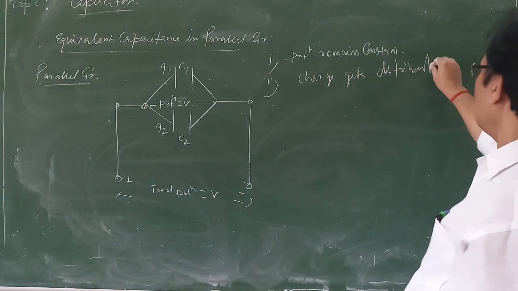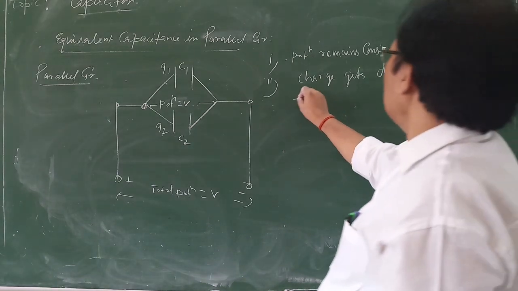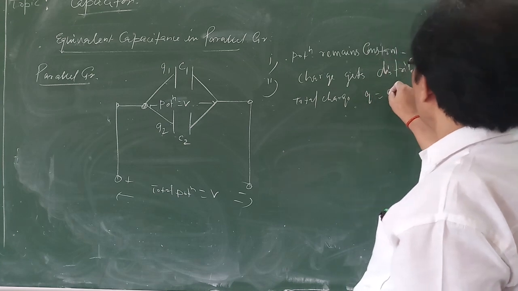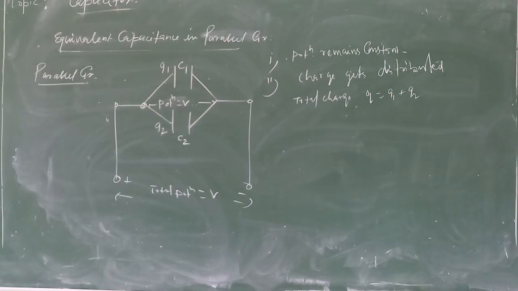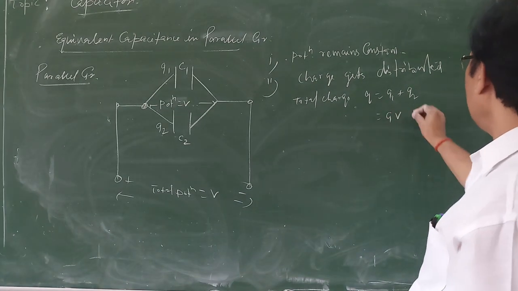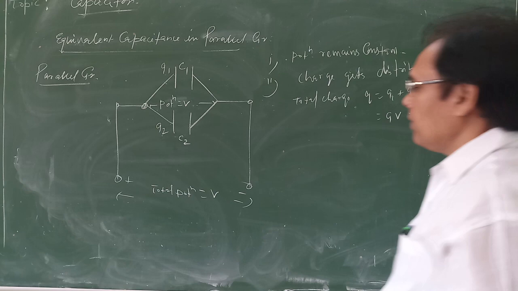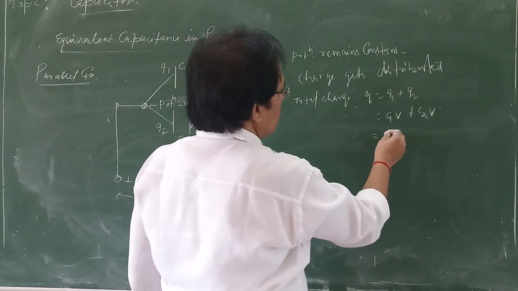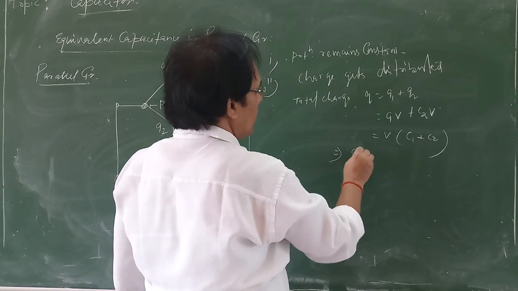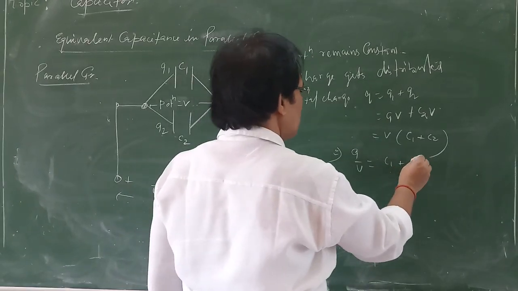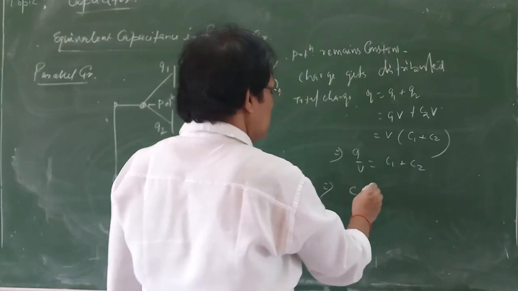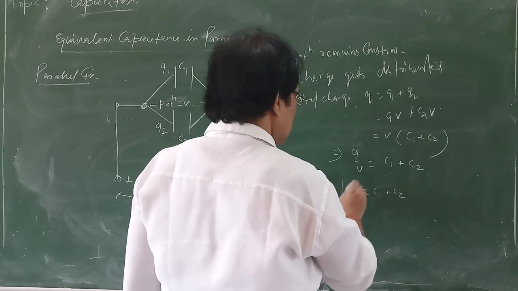So total charge Q equals Q1 plus Q2, and use the formula Q equals C1 V plus C2 V. Or you can write V common, C1 plus C2. Or you can write Q upon V equals C1 plus C2. And Q upon V is equal to C, so C equals C1 plus C2.